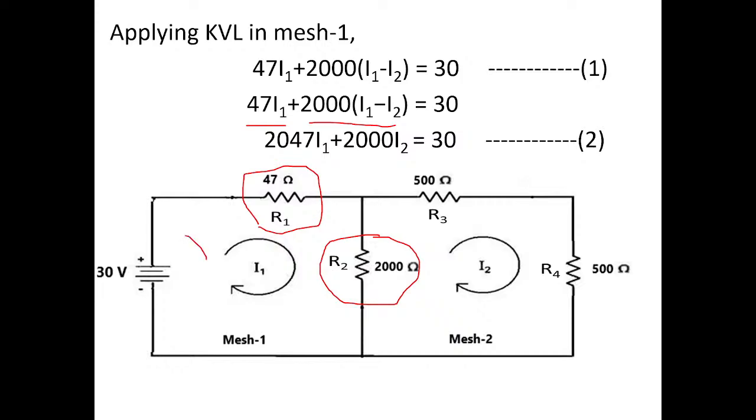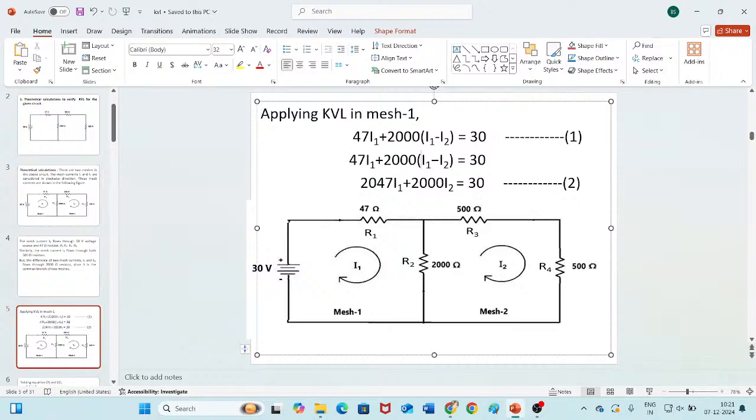How many voltage sources are there in this mesh 1? Only one voltage source is there, so no need to write twice. The reason I have written it twice is that I wanted to expand this 2000.